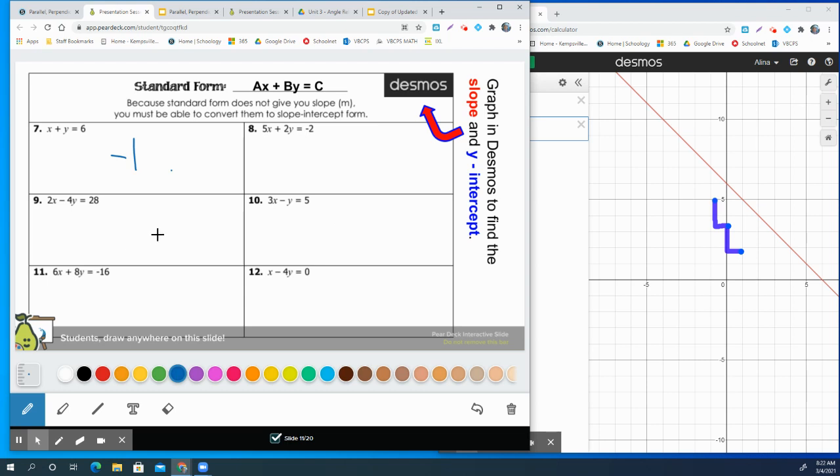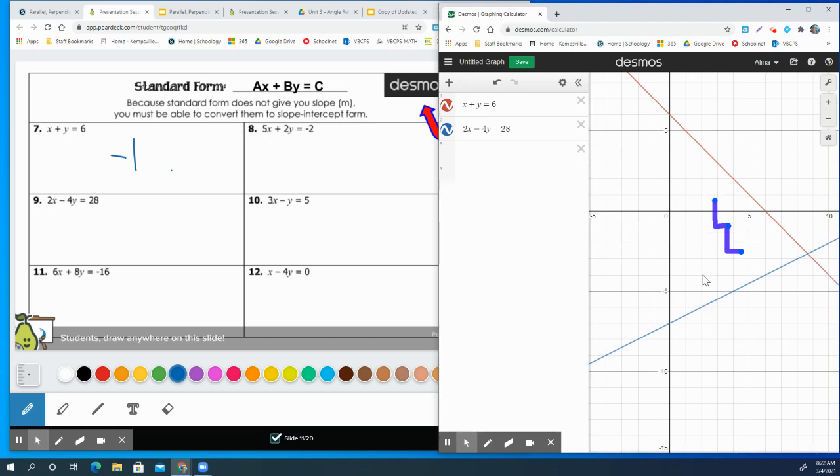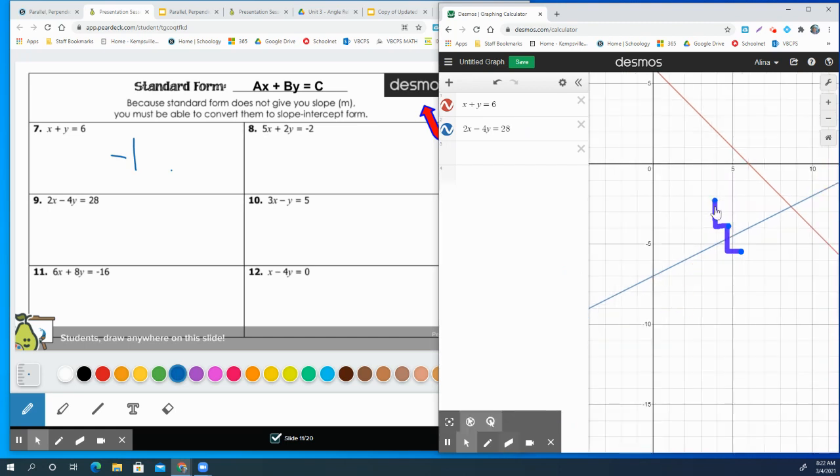Okay, do we need to practice that a couple of times? You guys talk to me. 2x minus 4y equals 28. What's the slope of that blue line? You can find that intercept, find a good point, find a good point.